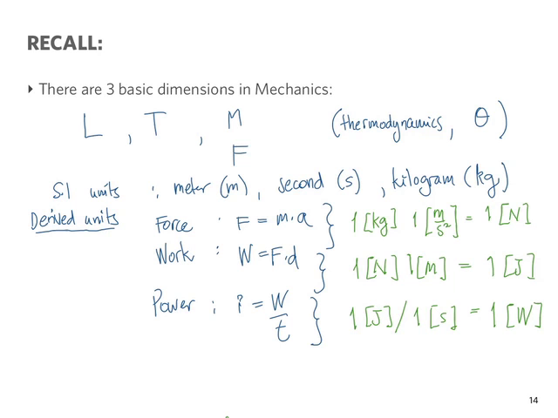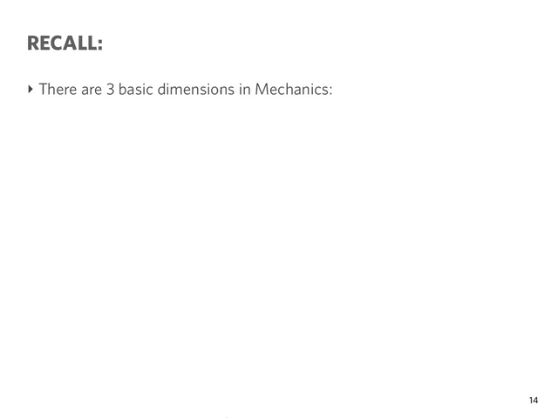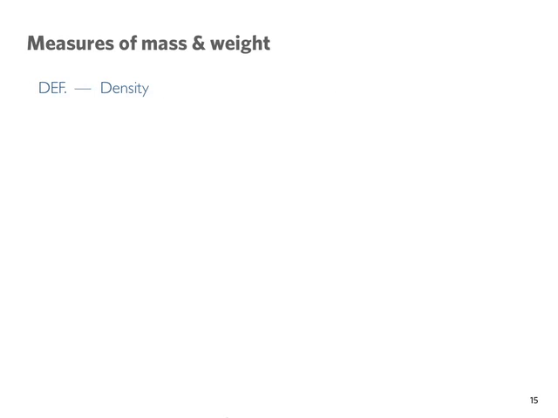Okay, so the next thing we need to do is recall the measures of mass and weight. And just to be on the same page for this course, we define the density, mass per unit volume.